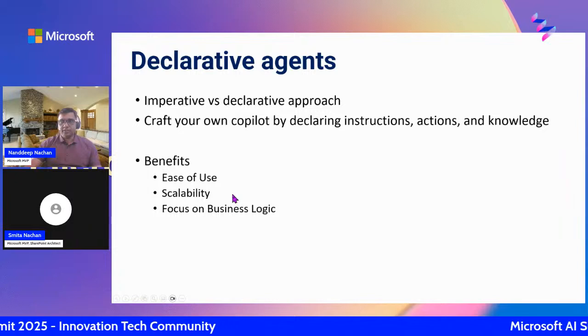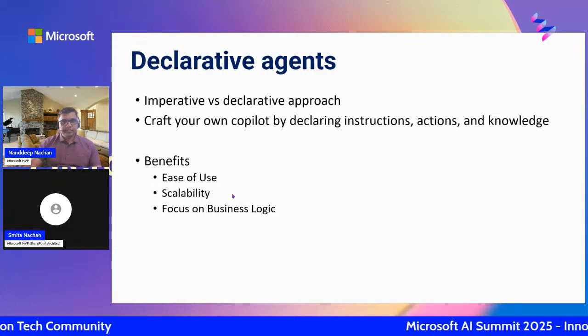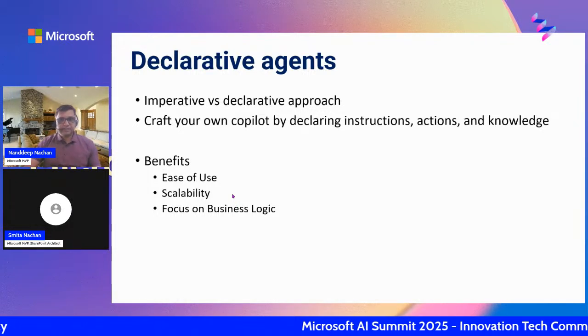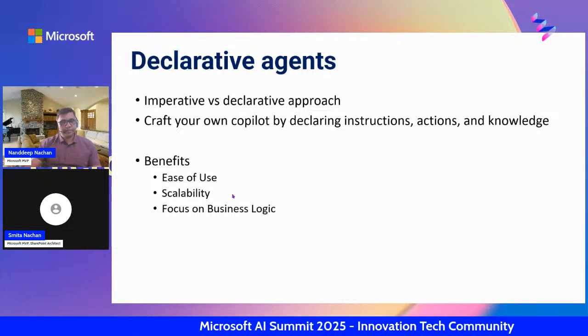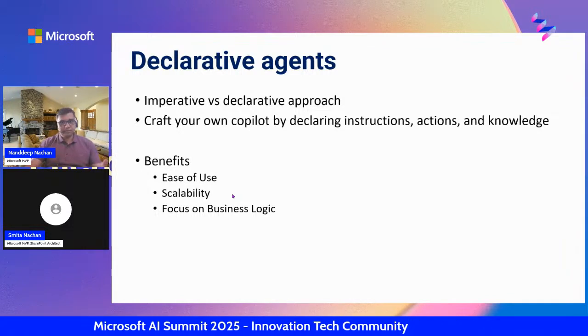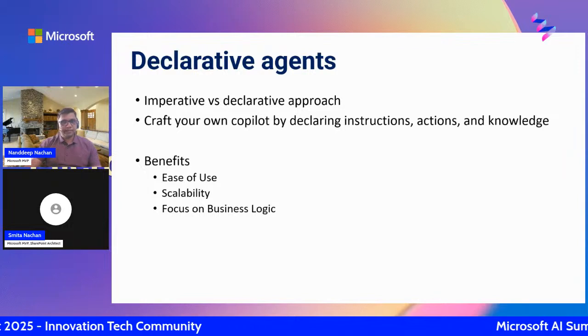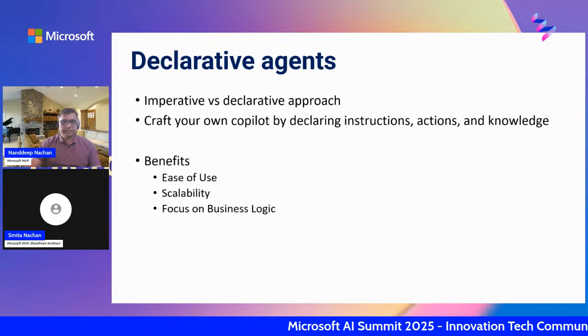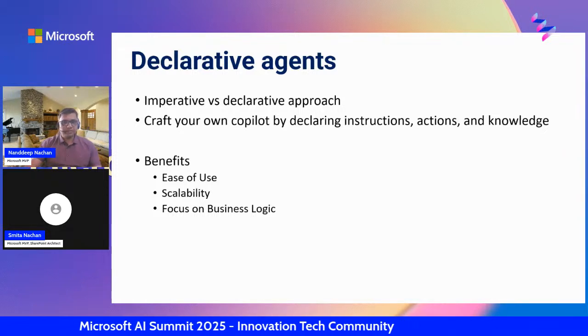Secondly, scalability, because declarative agents make it easier to scale AI solutions across the enterprise, and you can update the instructions and knowledge sources dynamically without rewriting any code. For example, if your declarative agent is pointing to one SharePoint site, you can just make it point to other SharePoint sites, and that's it. You don't need to make any code level changes.